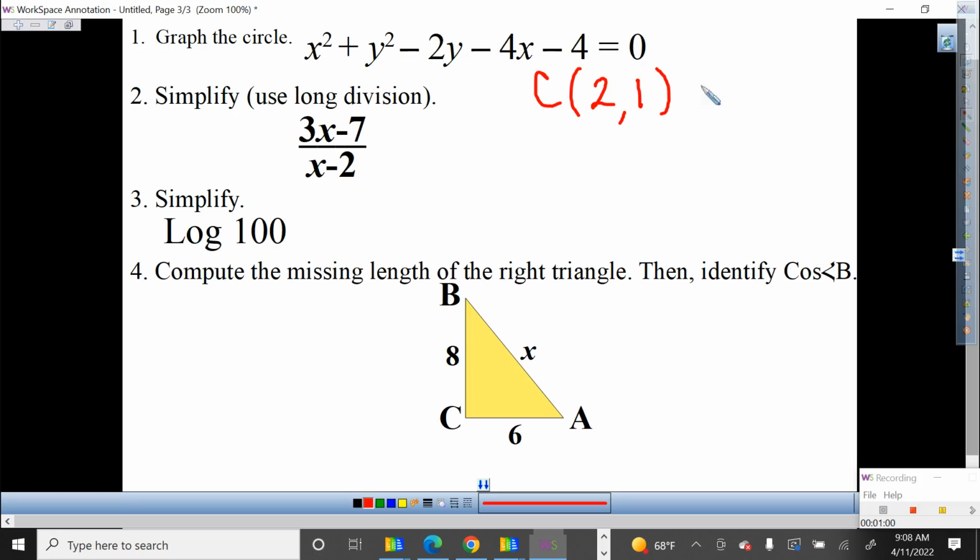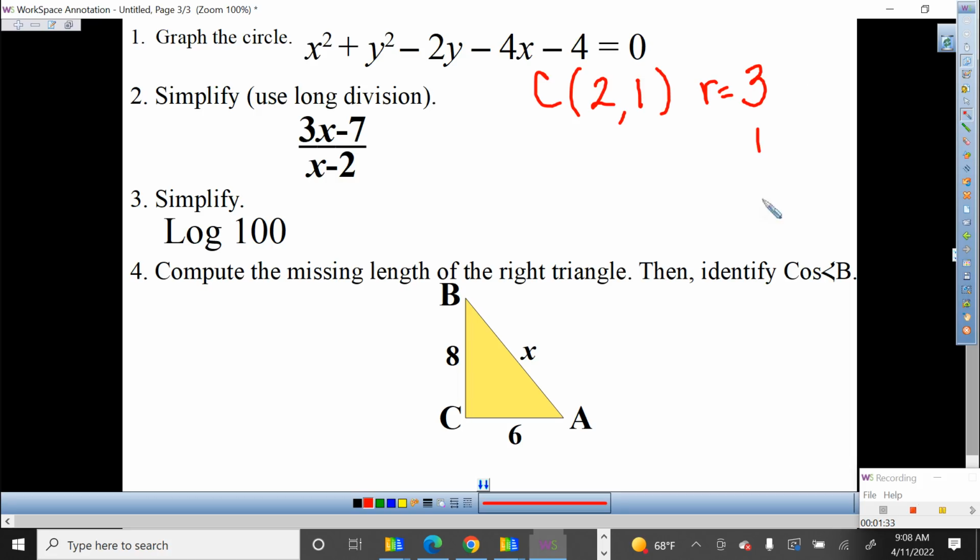And how about the radius? 1. Close. Help them out, Hector. 3. That is correct. This one, we don't subtract, we add to bring it to the other side. So be careful with that. You need to do the inverse.